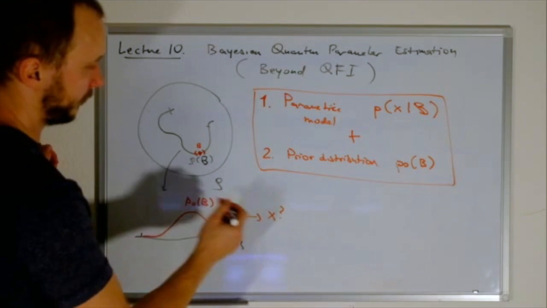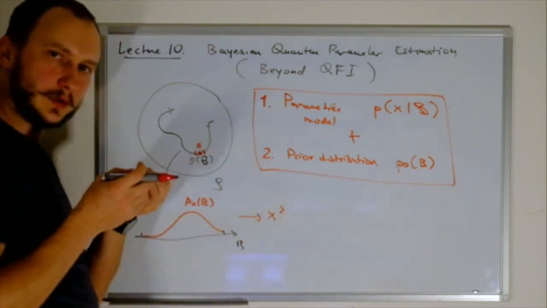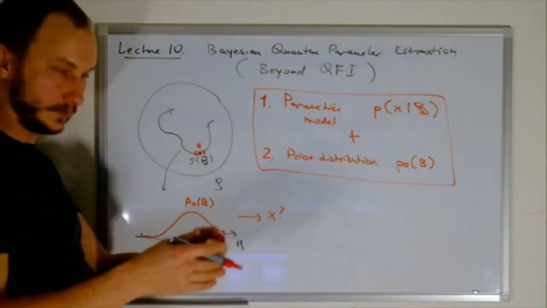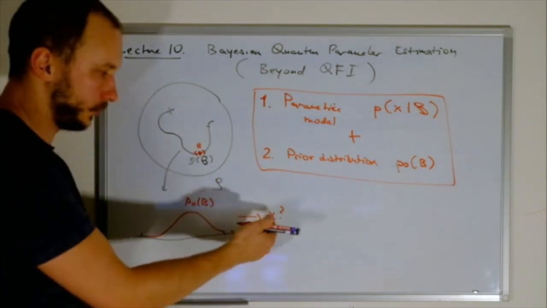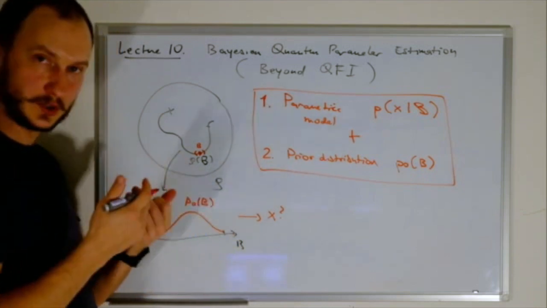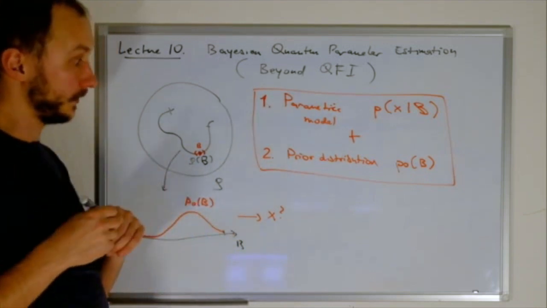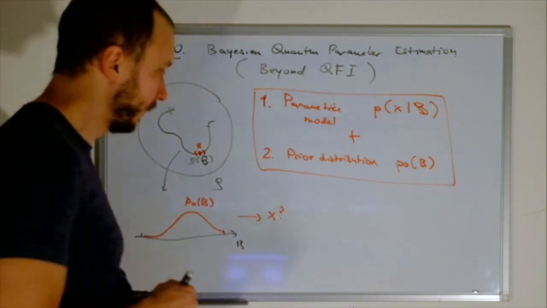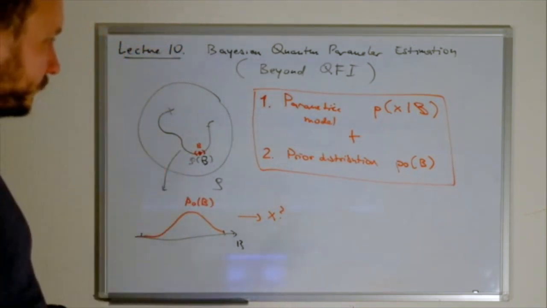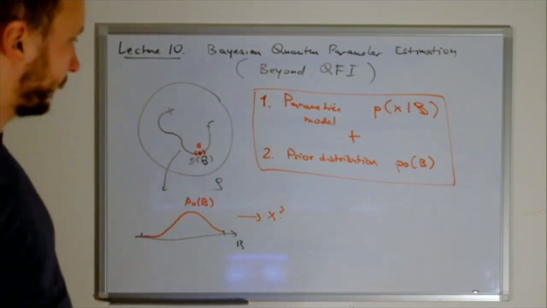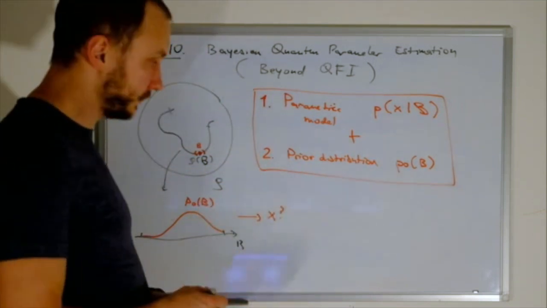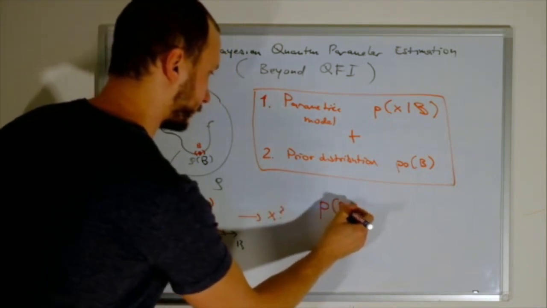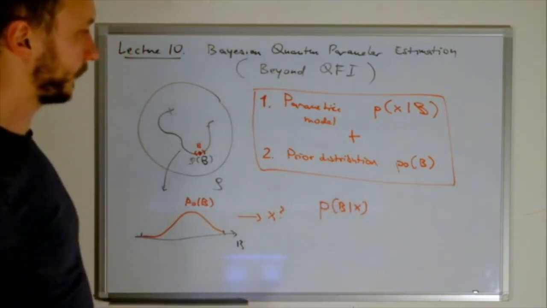Measurement outcome x. In other words, we take our probe, interact it with the environment which we want to measure. It encoded this parameter b, then we get a measurement output, and we want to know how good is this estimate, what is the value of b. In the Bayesian problem, we update our knowledge. So what we care about really is the probability of b knowing x, because we observe x.